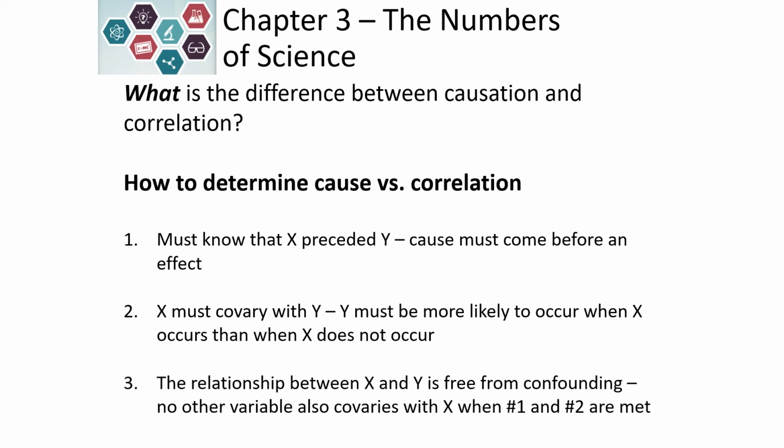The hardest criteria to satisfy is that X and Y are free from confounding. Confounding is much harder to prove, and it means that nothing else can cause Y. Because of these three criteria, correlation is much more frequent than causation.